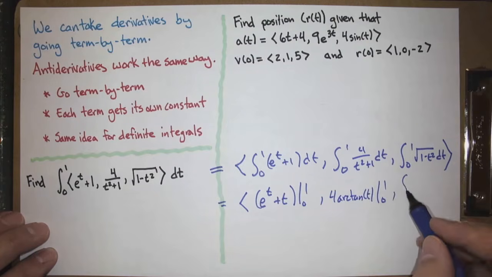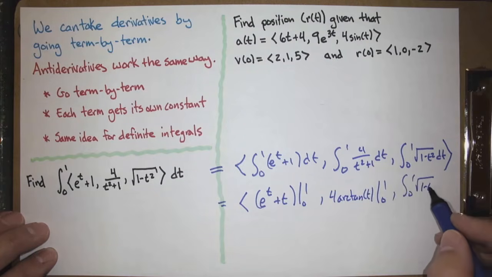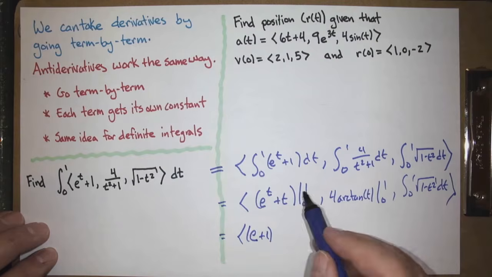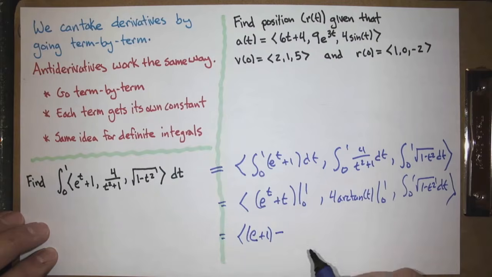And then there's this one. Okay. That's not on our formula sheet. When we plug this in and evaluate, we get e plus 1. That's when you plug in 1. E plus 1. Subtract. What do you get when you plug in 0? You get 1. E to the 0 is 1.